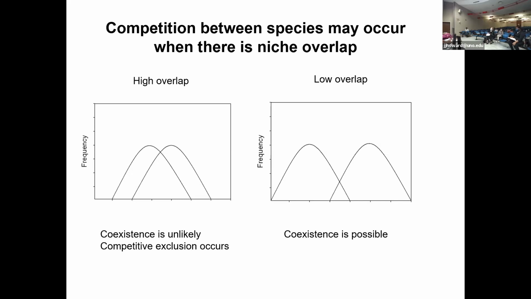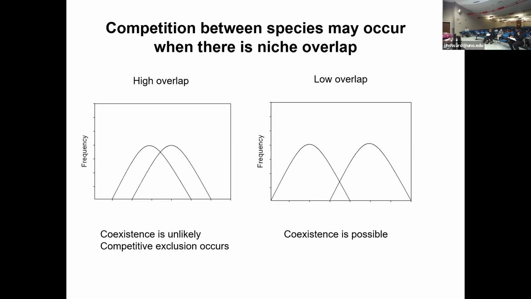So here's the thing then, this high niche overlap is inherently unstable. If you're going to have intense competition and one species is going to drive another to extinction, how often are you ever going to see that? Mostly you're going to see the end product of this kind of thing. You're going to see that one species is living in an area and another species is absent.